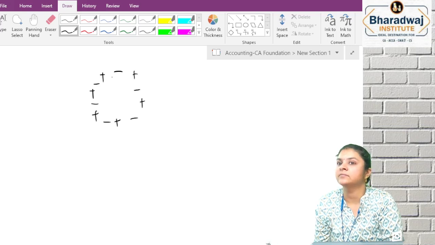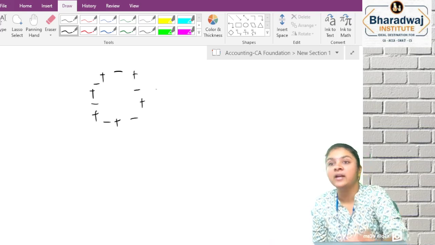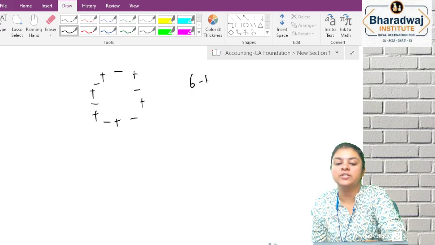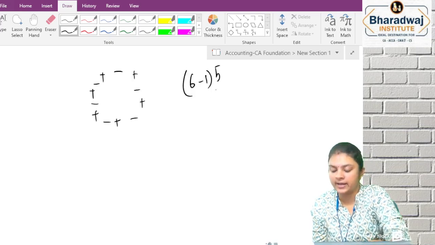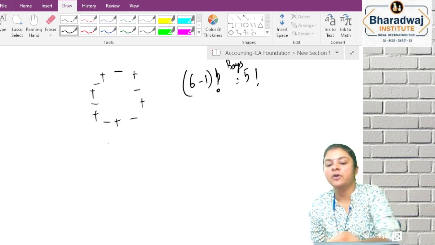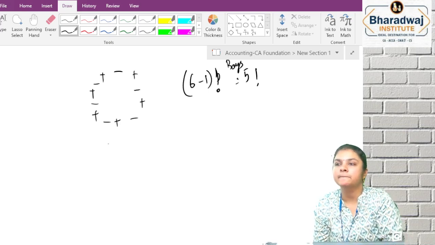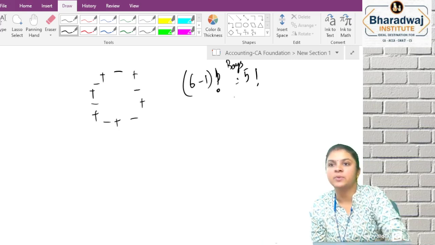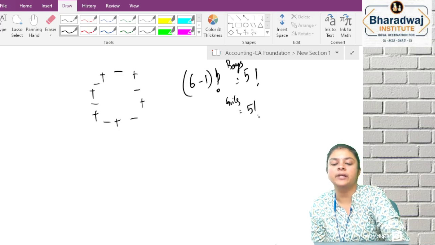Circle left. N-1 factorial, so 6 minus 1, which is 5 factorial. So for boys it is 5 factorial. In the same way, for girls it is N-1 factorial, which is also 5 factorial.